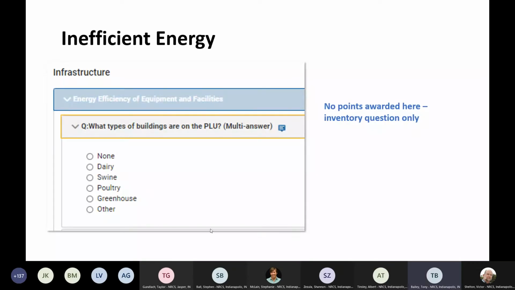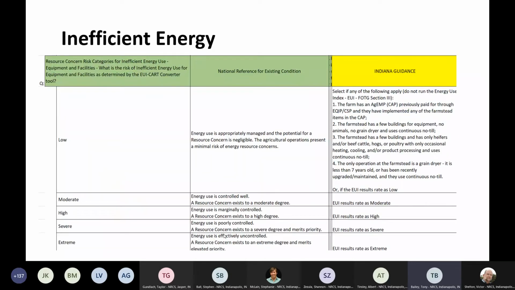Another thing we look at on the farmsteads is energy efficiency, and it's required to be completed if we are looking at the farmstead. And so just asking what the inventory is, what type of buildings are on site, and then within that, we go through and collect the information.